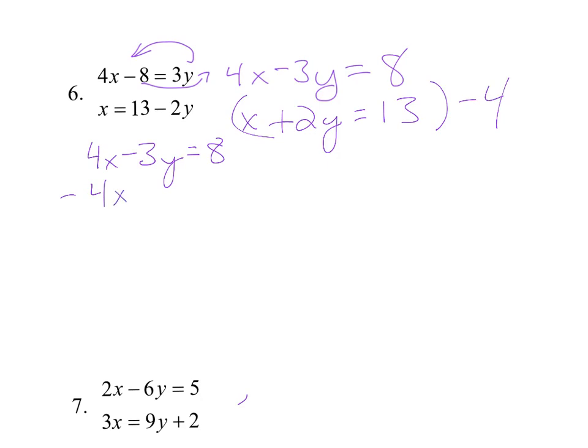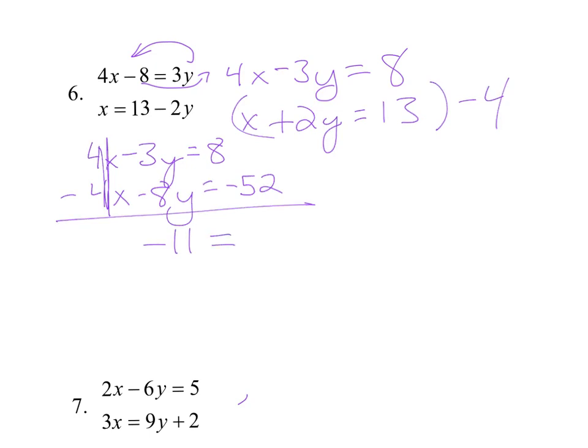Negative 4x minus 8y equals, well, that's 4 times 10 is 40, 4 times 3 is 12, 40 and 12 is 52. So I have a negative 52. I add them together. These go away. I have negative 3 and negative 8 gives me a negative 11.